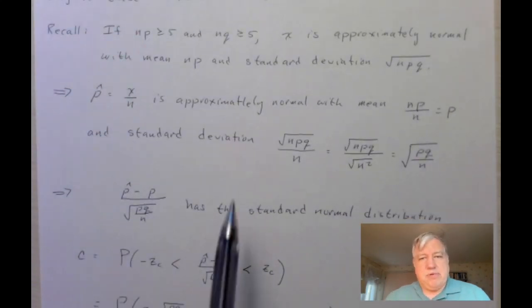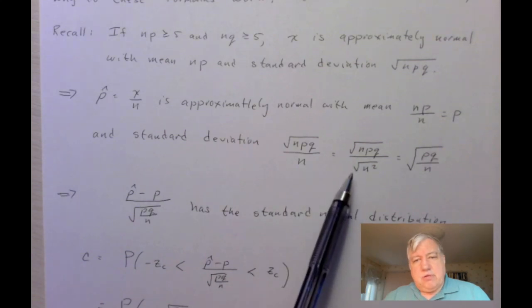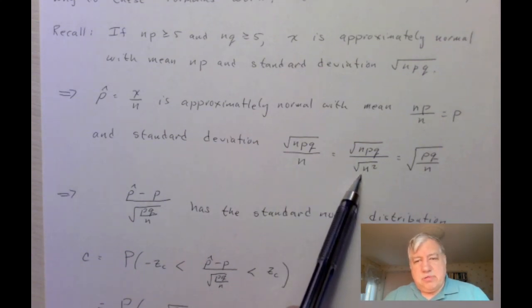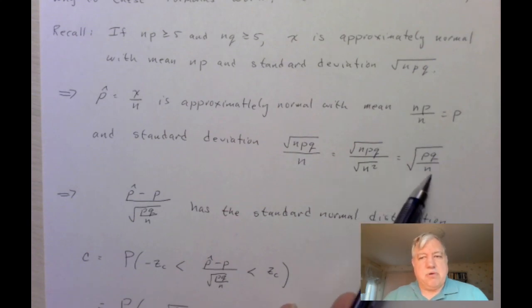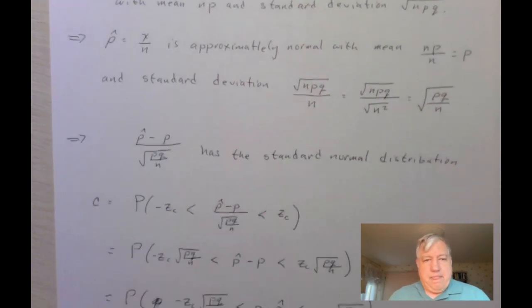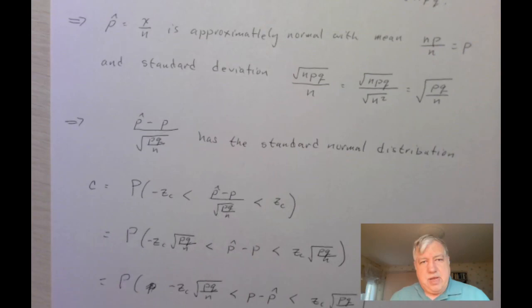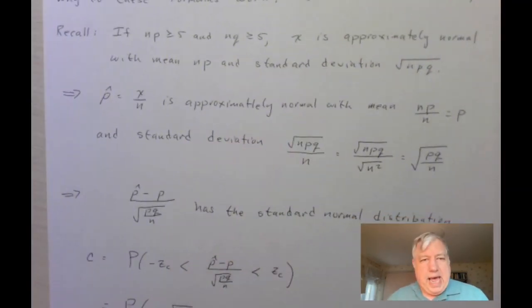And for the standard deviation of X divided by n, we do a little algebra with square roots, some n's cancel, and we get the square root of pq over n. So that's where this comes from. So p hat is approximately normal with this mean and this standard deviation.